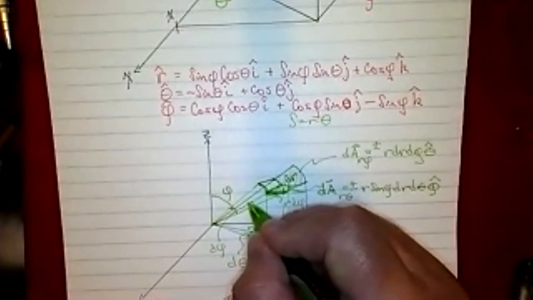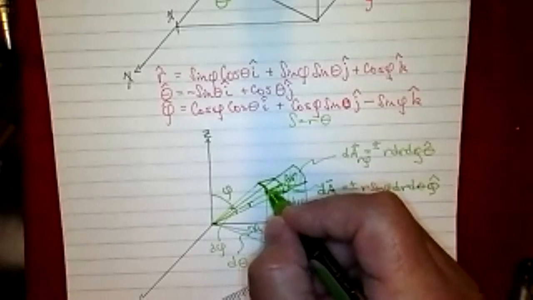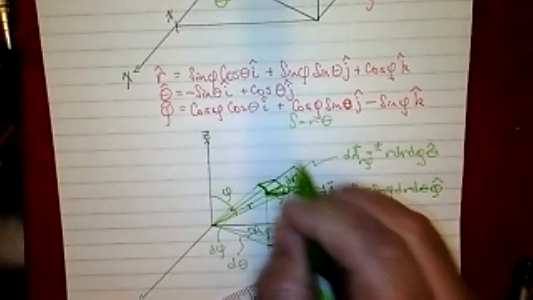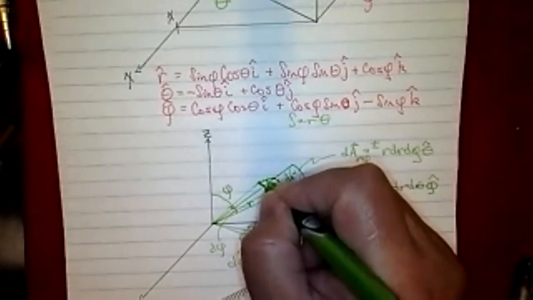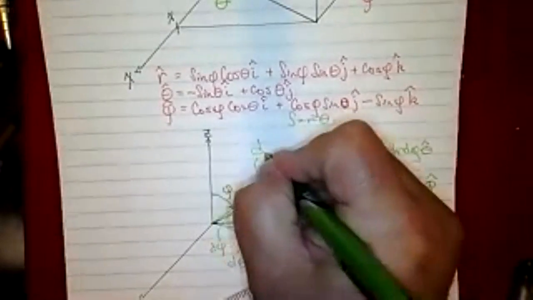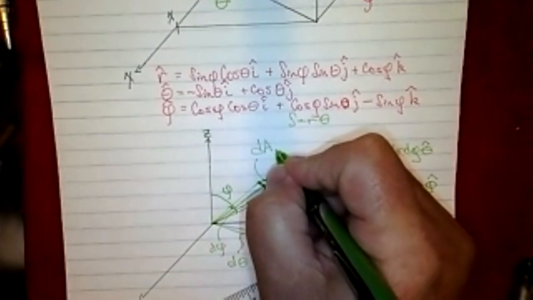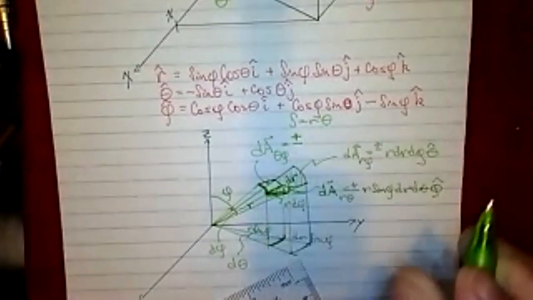So again, the change was d phi, so this side right here would be r d phi, and this side right here would be r sine phi d theta. So we finally have dA, and this time it is the theta phi vector equal to plus or minus again.